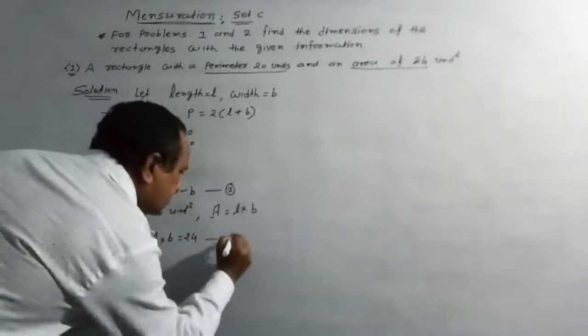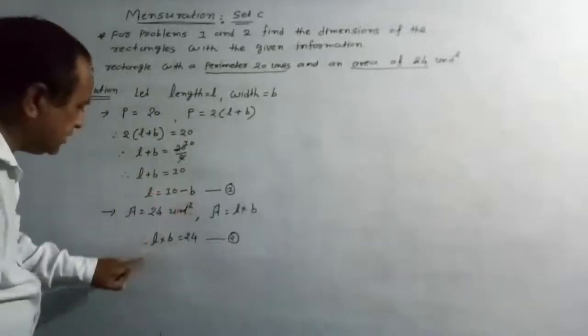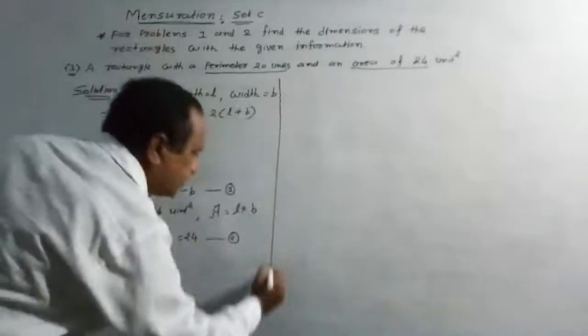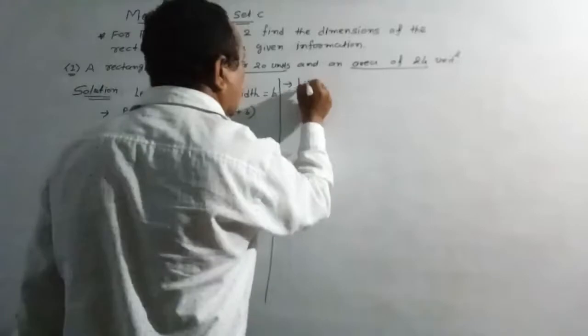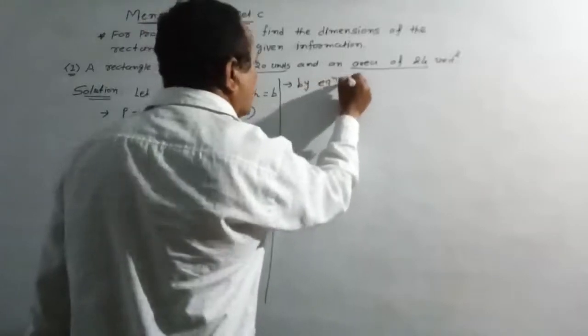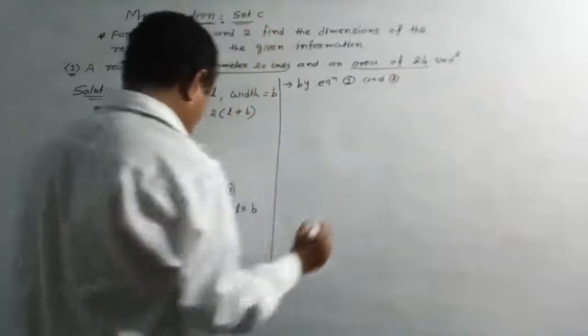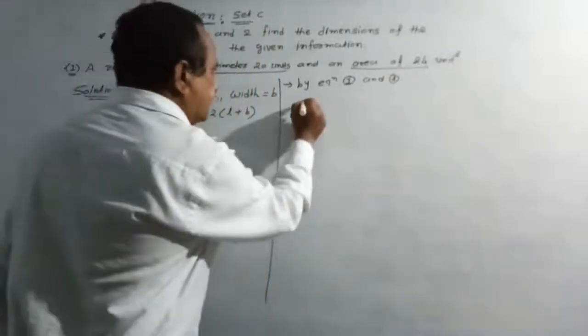This is equation number 2. Now put the value of L, 10 minus B, into equation number 2, by equation 1 and 2.